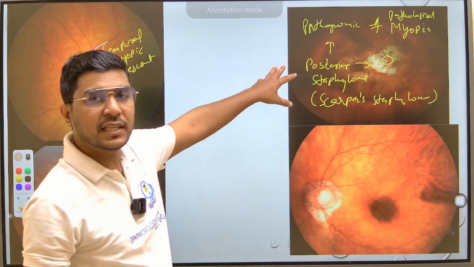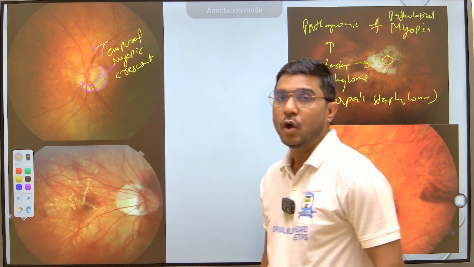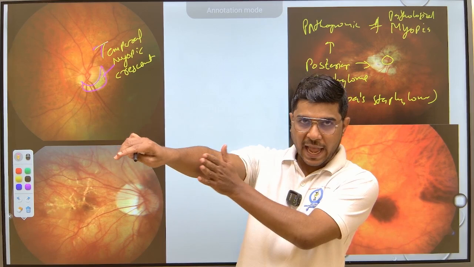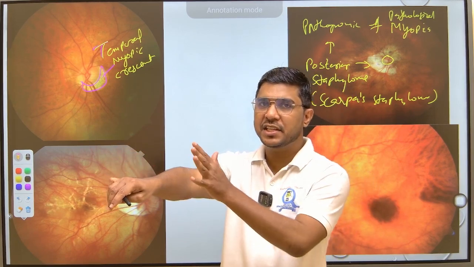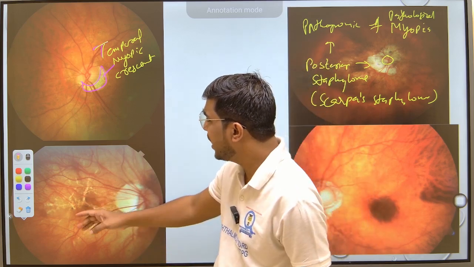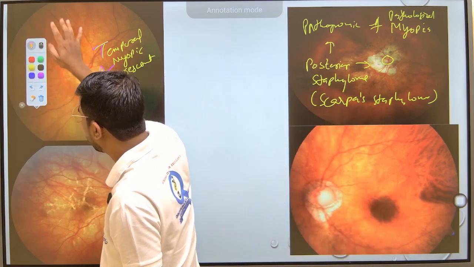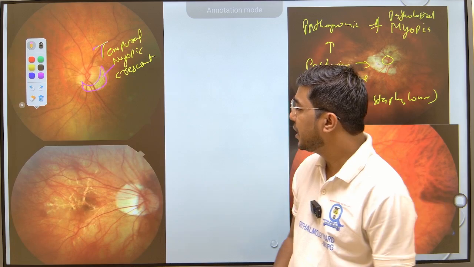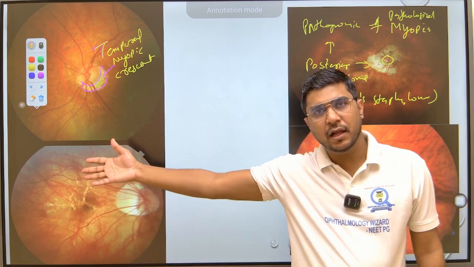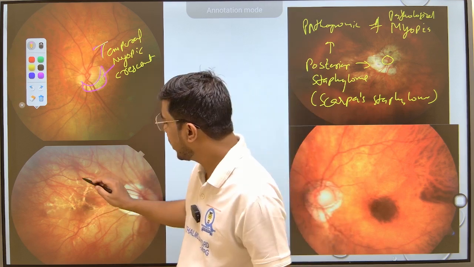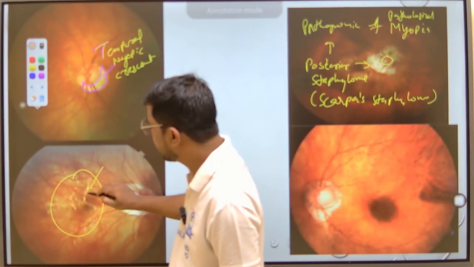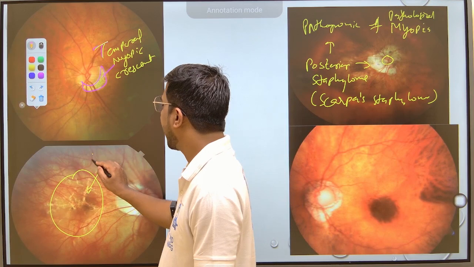Now, when there is thinning, what is happening? When our skin becomes dry, there is a stretch mark. Similarly, when there is an elongation of the eyeball, there are stretch marks in the retina too. You can see here, this is the stretch mark. This is called lacquer cracks.